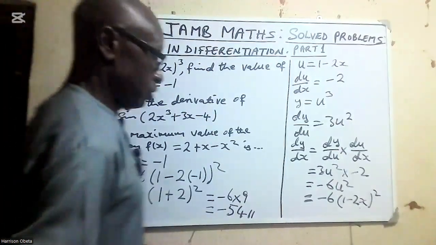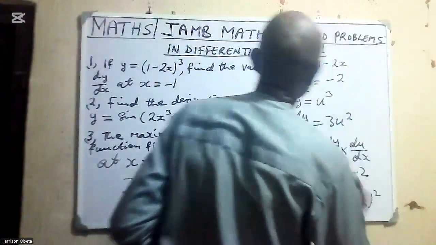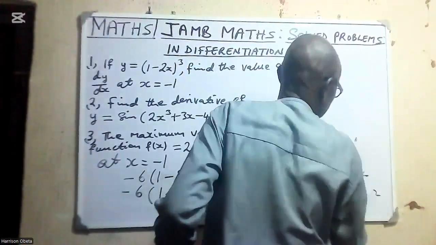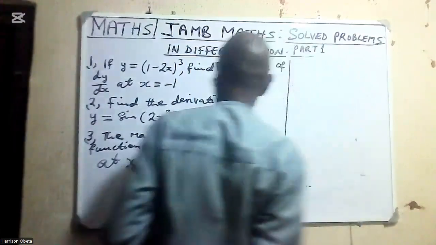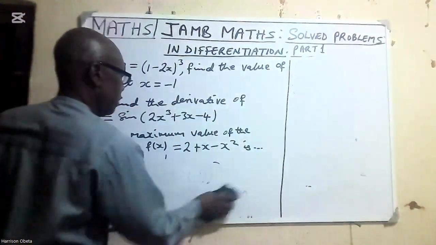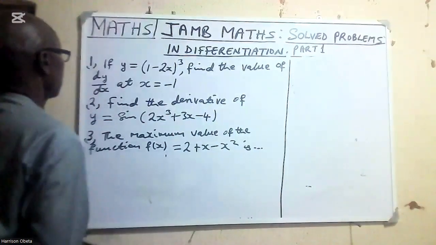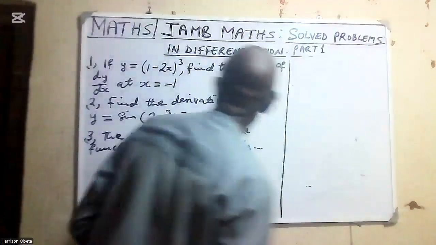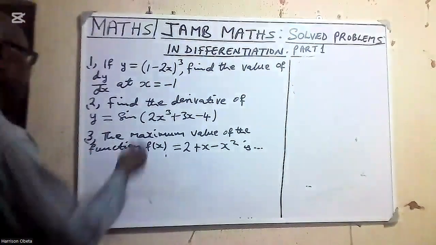We now take number 2. And in number 2, we are told to find the derivative of y equal to sine of this.